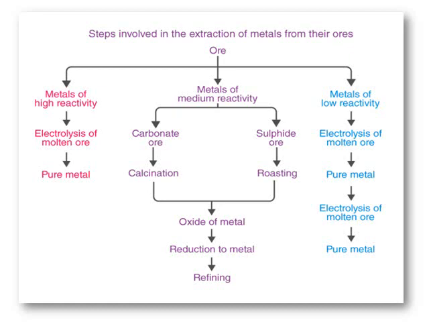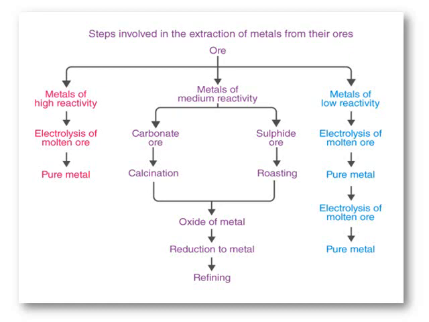Metals which are on the top are called metals of high reactivity. Metals which are in the middle are known as metals of medium reactivity. Then the metals which you find at the bottom of the reactivity series are regarded as metals of low reactivity. Now let us first take metals of high reactivity.